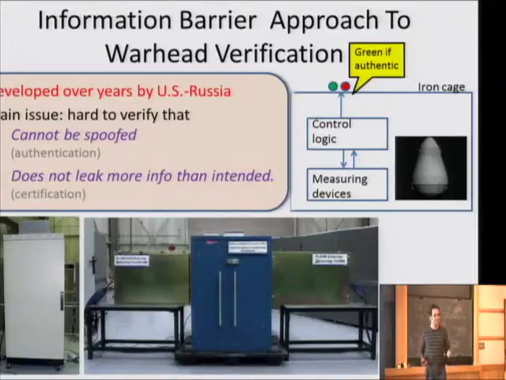And you can't blame people for being paranoid. For example, what the Americans did to the Russians with the Spectrum thing is exactly that. They had a machine that wasn't supposed to leak the information, and they did extract information from it. So, in the language of the nuclear disarmament community, the first property is called authentication. The second one is called certification.